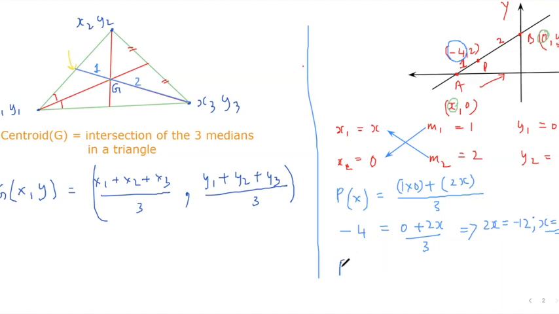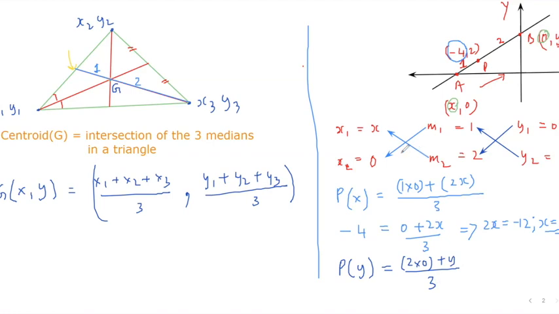Brilliant. So we'll look at finding P of Y. Again, the same use of arrows. M2 Y1 plus M1 Y2. Okay. So M2 Y1 is 2 into 0 plus M1 Y2 is 1 into Y. That's just Y divided by M1 plus M2, which is 3.